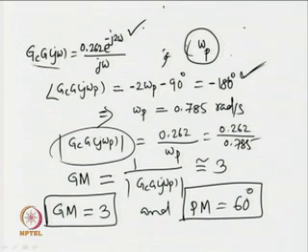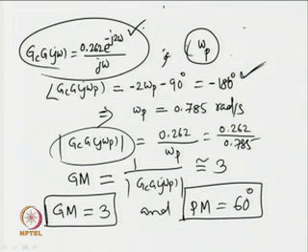So, these things are possible from the analysis of the loop gain. What information do the gain and phase margin give us? When the gain margin is greater than or equal to 2 or the phase margin is greater than 30 degree, we get a very good performing closed loop system.